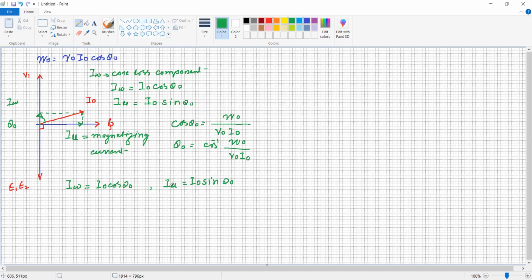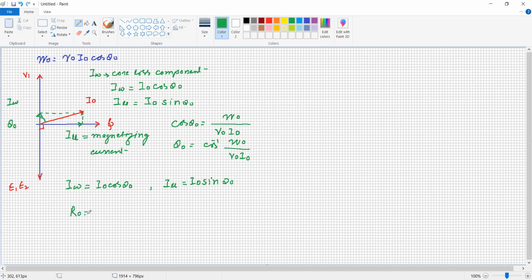The no load current has two components: one is the magnetizing current, the second is the core loss component. From these values, we can find the shunt parameters.